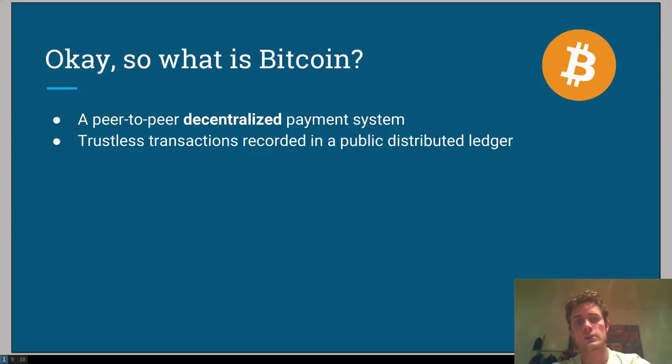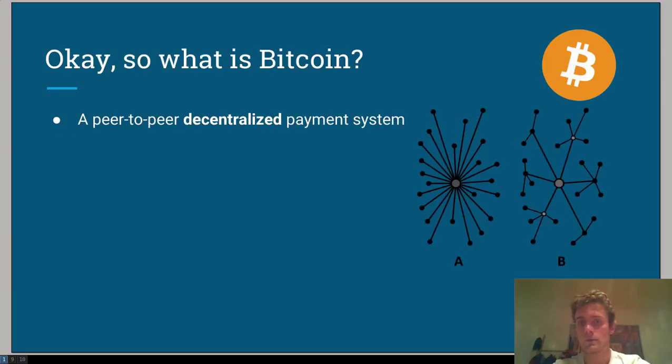So trustless transactions. So the idea of trust, of course, if you just want to buy some good on the internet and you have to go through PayPal, then obviously you need to trust PayPal. The idea of Bitcoin and the blockchain in general, we'll see what it is a bit just later, is that you don't really need to trust any one person in general.